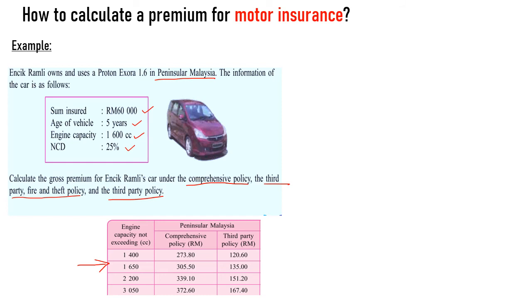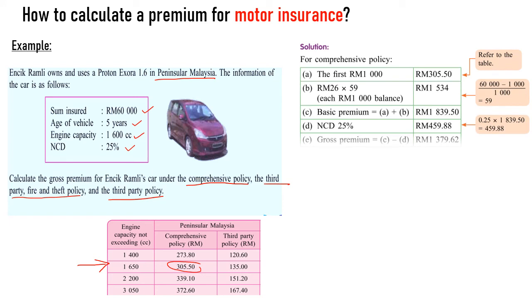Under the comprehensive policy, this is the amount that he needs to pay. For the first 1000, he needs to pay 305 ringgit 50 cent. And then for every subsequent 1000, he needs to pay 26 ringgit.